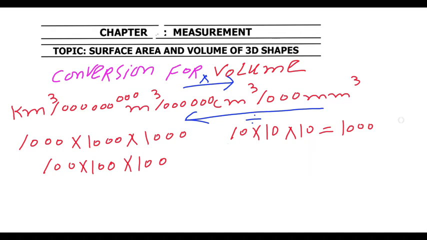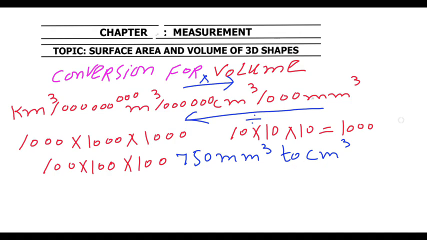One more. We have 750 millimeter cube. Need to convert to centimeter cube. This big conversion they don't give in grade 9, but only between centimeter and millimeter. So 750 millimeter cube to centimeter cube.